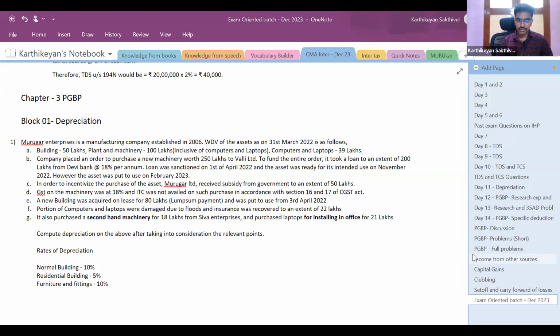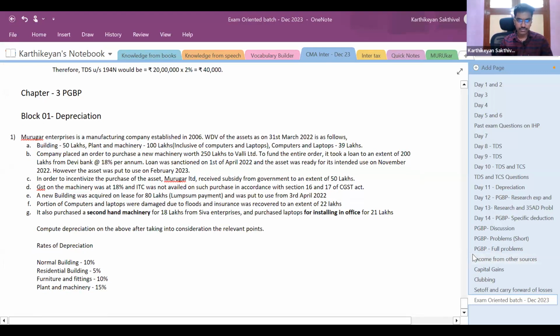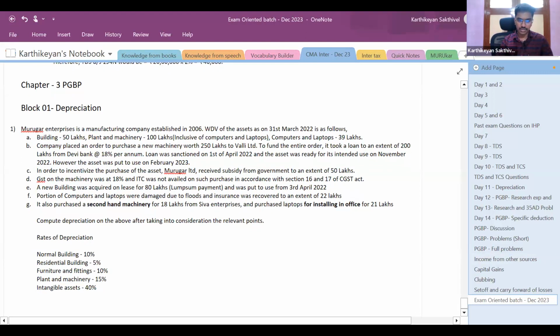Then plant and machinery 15%. Then intangible assets 25%. Computers including computer software, it is 40%. So we'll just remember only these things.